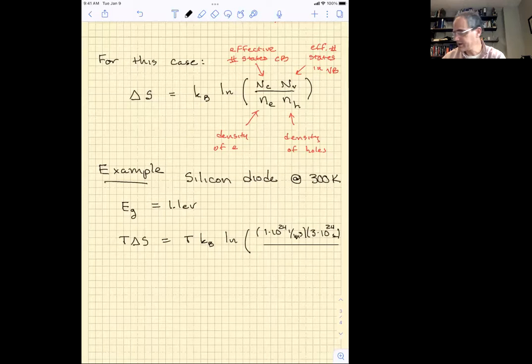Let's suppose that our material has an actual density of 1 times 10 to the 20th, both of electrons on the N side and holes on the P side. And this would correspond to moderately doped silicon. Not particularly heavy, not particularly light. So again, these numbers just correspond to the numbers I described in the formula above.